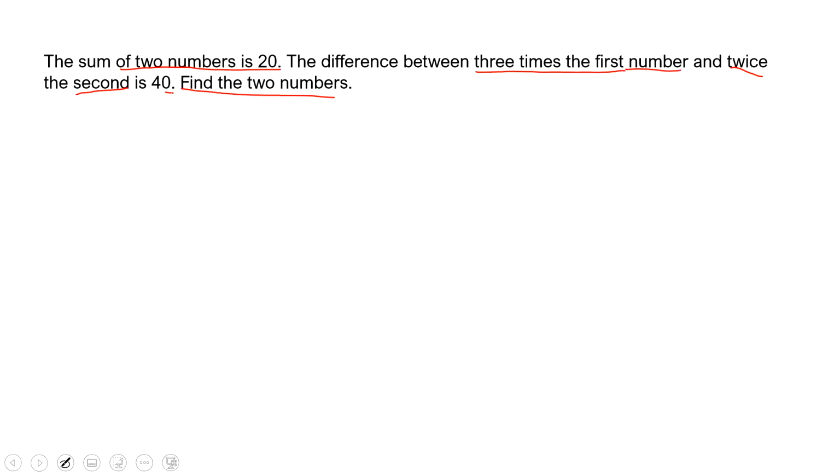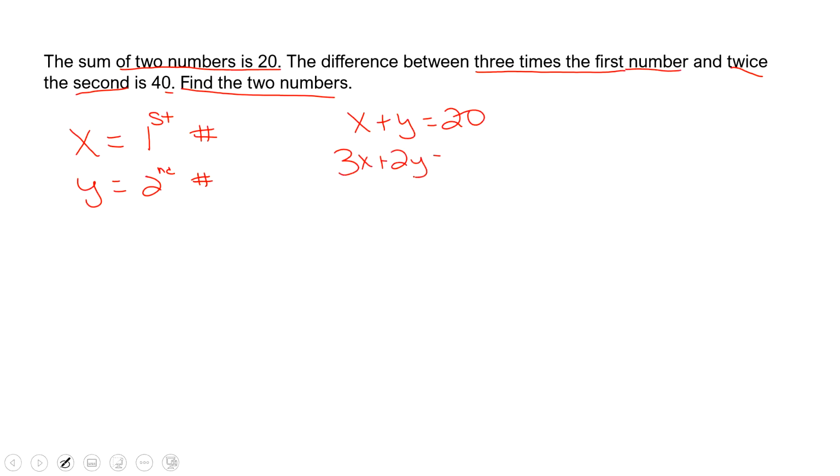So here I'm going to use X and Y because we really don't have any words. X is the first number and Y is the second number. Make sense? Okay, my equations are x plus y equals 20, and then 3x plus 2y equals 40.